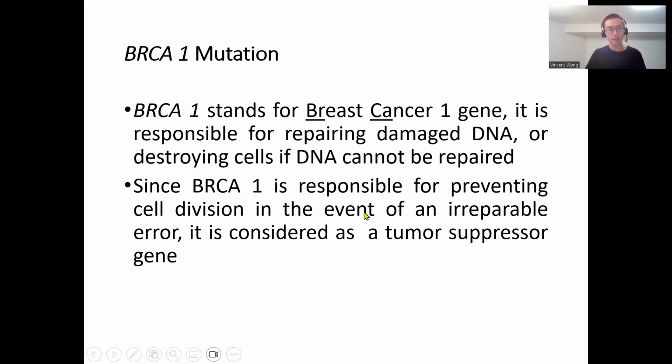Oh, it actually says on the slide. I didn't even notice. Well, because it's responsible for repairing DNA damage and not allowing the cell to divide when there is damage, this prevents cell division. And therefore, it's a tumor suppressor gene.